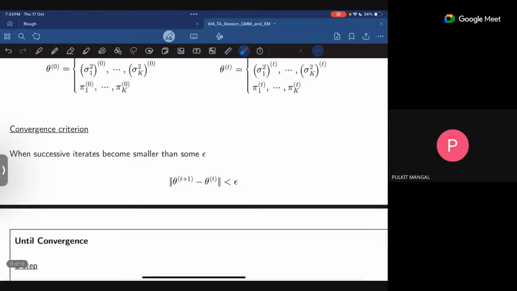As it is an iterative algorithm, either it will converge automatically, or you have to set some criteria to get it to converge.